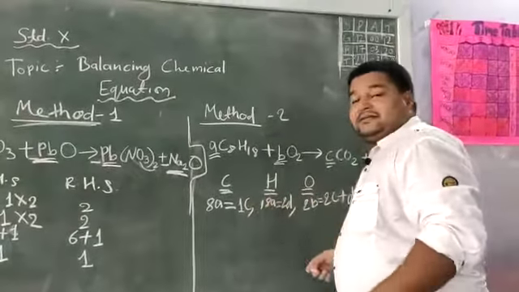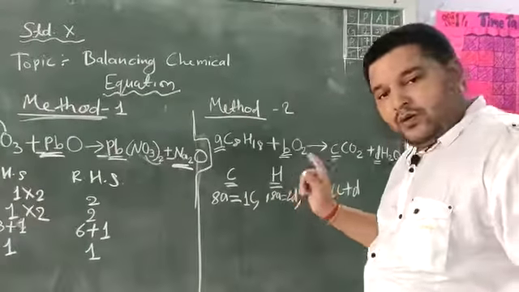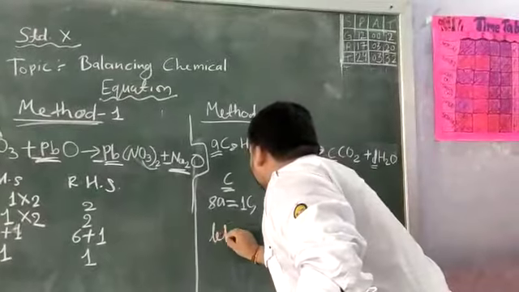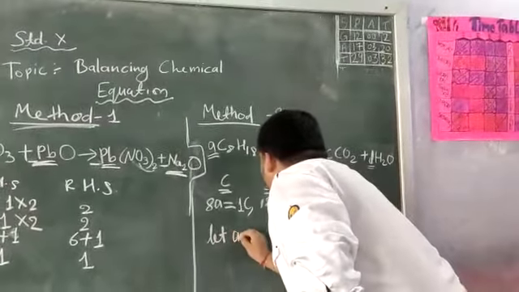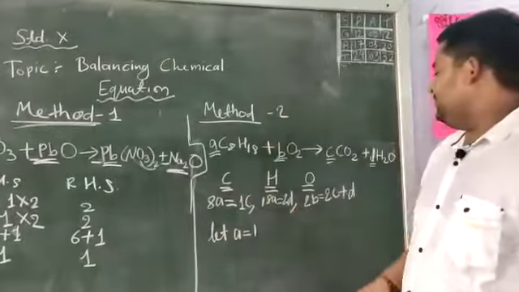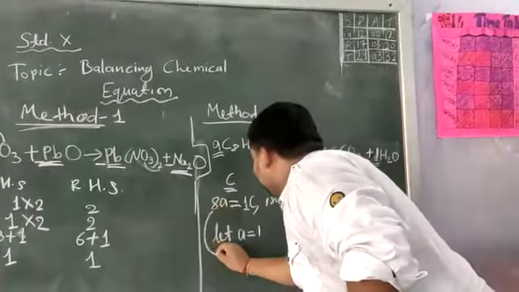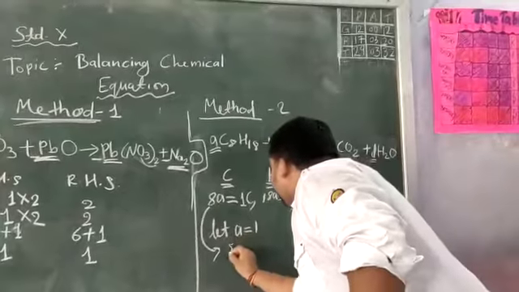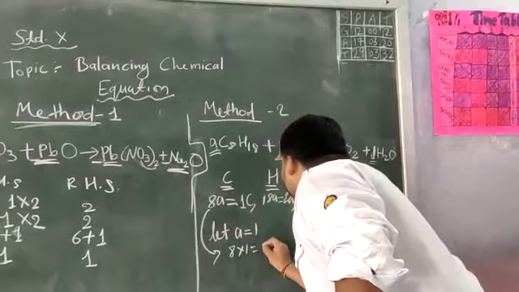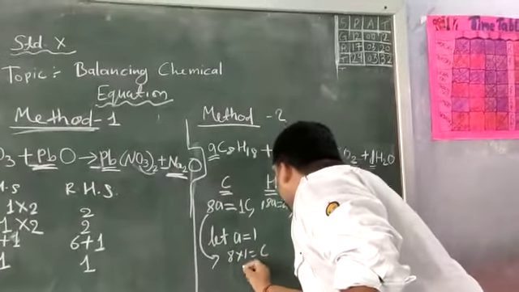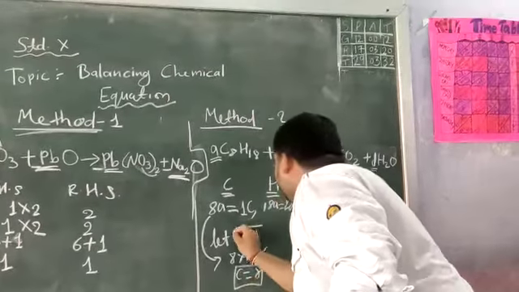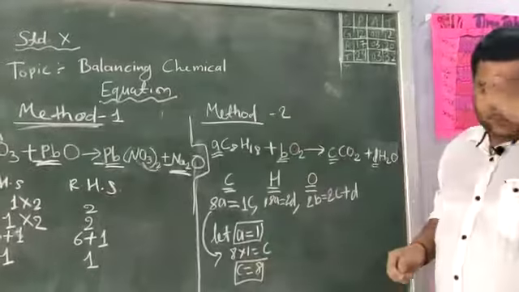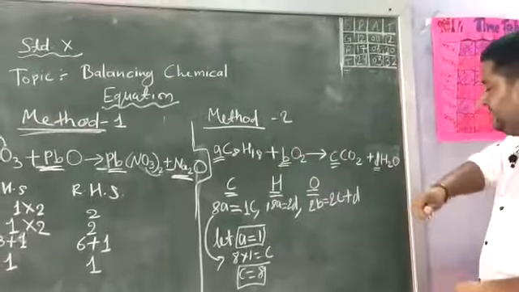Okay. So now see what we will do one by one. A, B, C, D. Take any one, let equal to 1. Let A is equal to 1. You can take B or C, and D as well. Take A is equal to 1. Now when you put A is equal to 1, 8 into 1 equal to 1C means C. So you will get C is equal to 8.